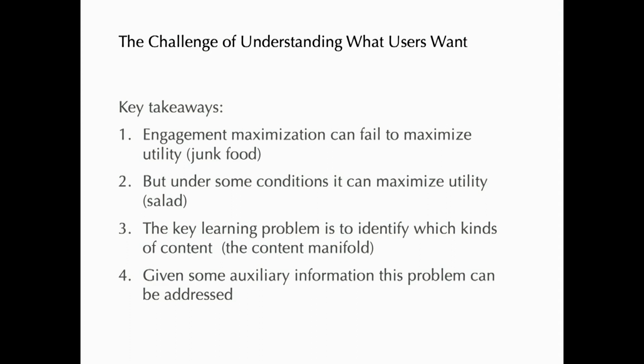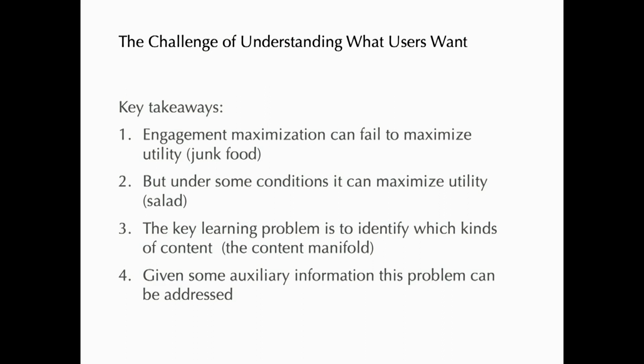And what the model tells you is that the key learning problem is not to predict choice from behavior. It's in the manifold of all possible content to predict which kinds of content does the engagement gradient go in the same direction as the preference gradient. In other words, for what kind of content, and when can you do that? Well, it turns out with a little bit of auxiliary information, you could actually start making progress on this problem.